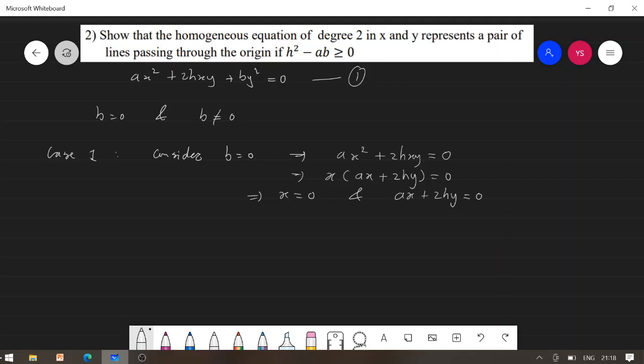So we observe here that those two are lines passing through the origin. One is the equation of the y-axis and the other is ax plus 2hy equals to 0. So that implies pairs of lines passing through origin.